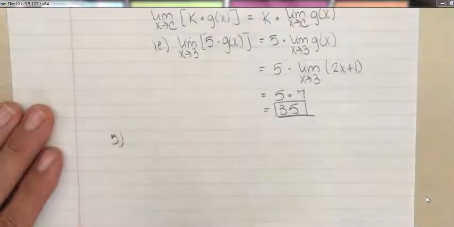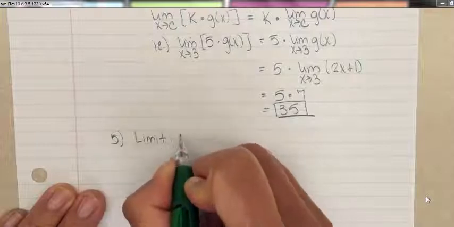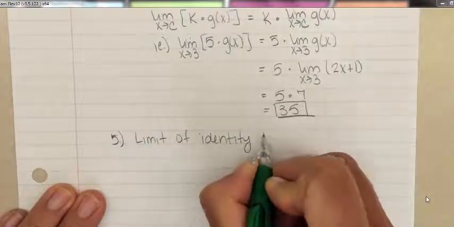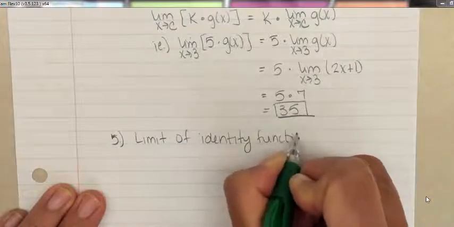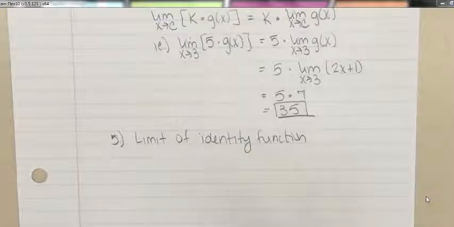All right. Fifth one, limit of an identity function. An identity function is just like, for example, x. It's whatever variable you have, and you're plugging in that one variable.